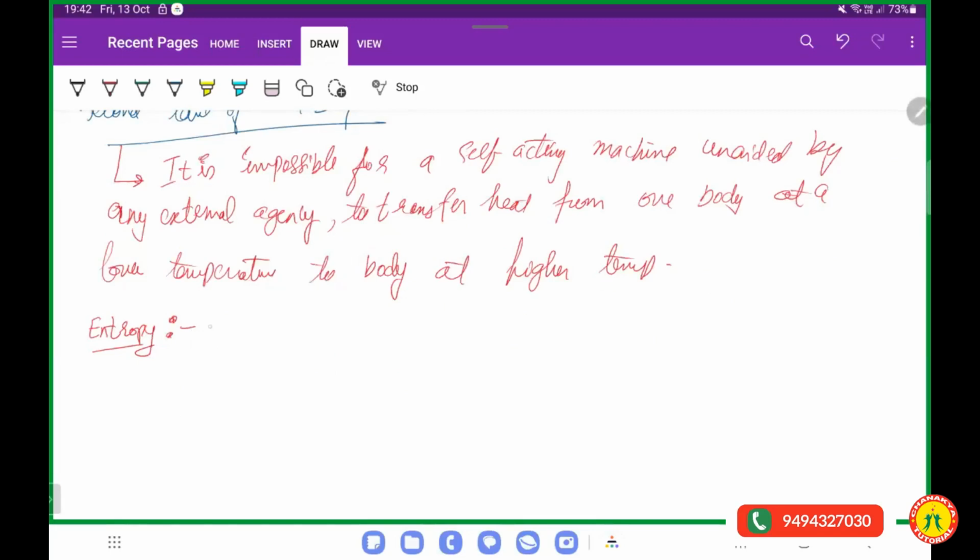There is no exact definition for it, but it is just a measure of disorder of molecular motion of a system.